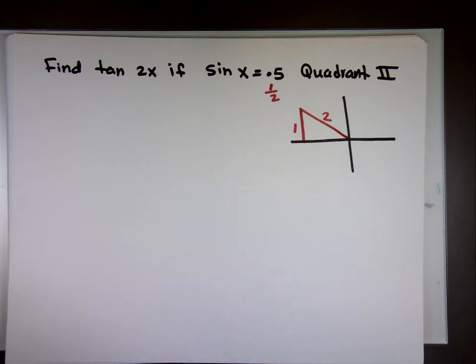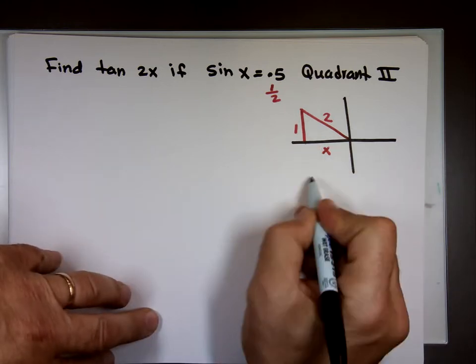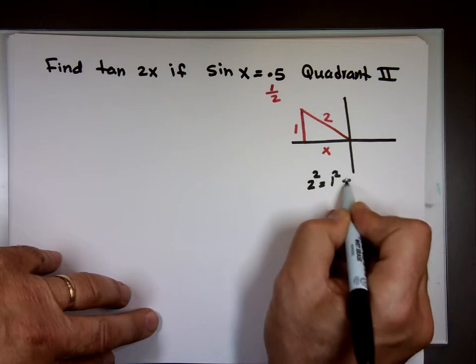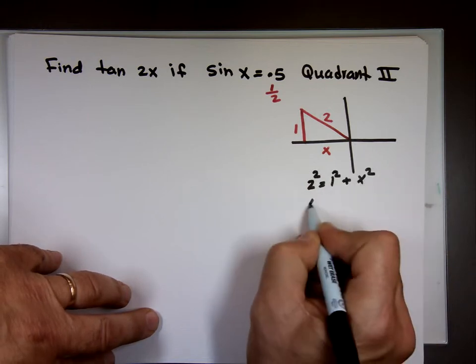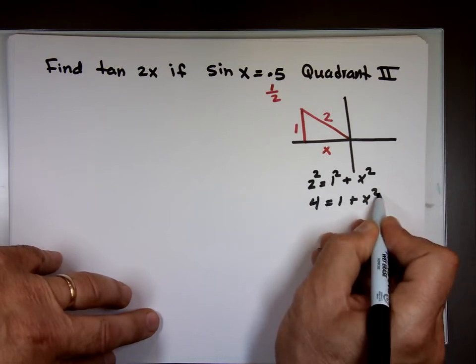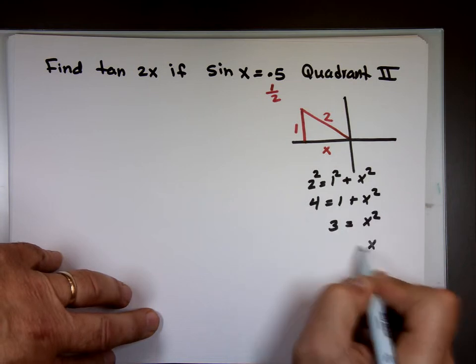Can I find what x is? So, Pythagorean theorem, 2 squared equals what? 1 squared plus x squared. 4 equals 1 plus x squared. x squared equals 3. What's x?